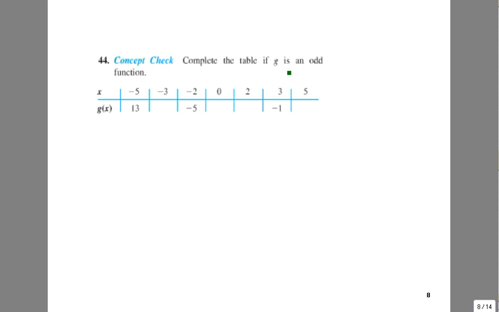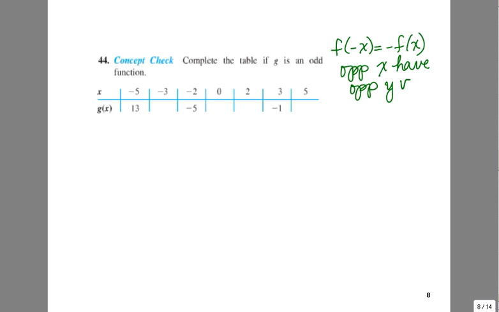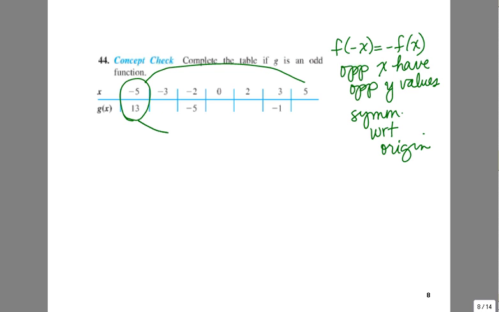Now what if the table is odd, or the graph is an odd function? Odd means f of negative x is equal to the opposite of f of x, or opposite x have opposite y values. And this one is symmetric with respect to the origin. So if I know that negative 5, 13 is on my table, opposite x have opposite y. So that would tell me this y value needs to be a negative 13.